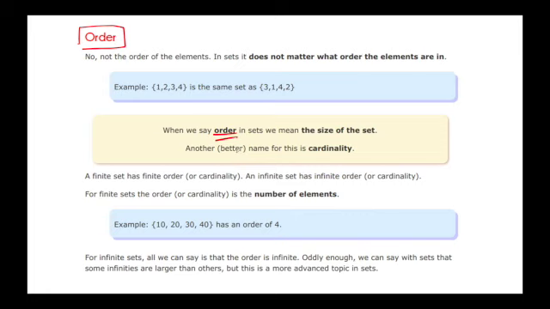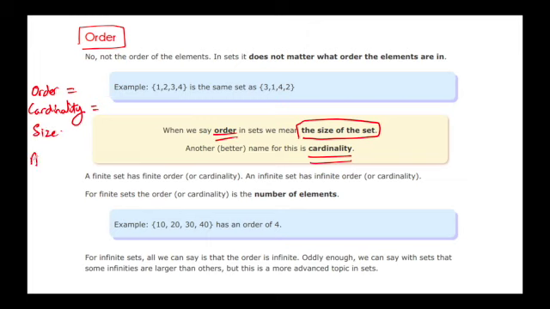When we say the order of a set, what we mean is the size of the set. And the size of the set is also called the cardinality of the set. So the order of a set equals the cardinality, just a fancy word for it, which means the size of the set.